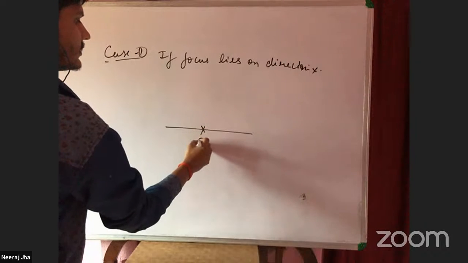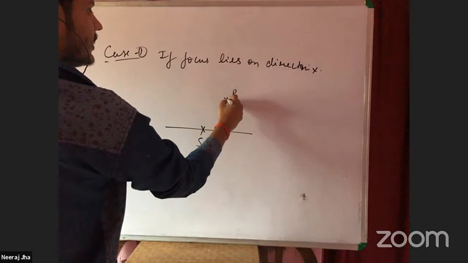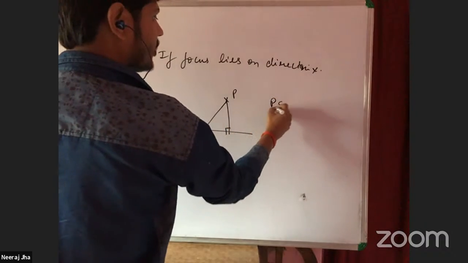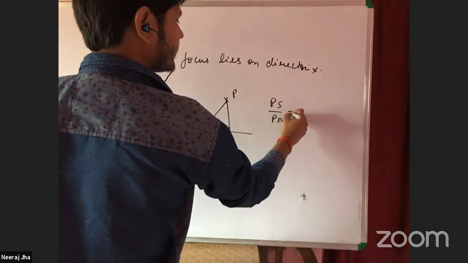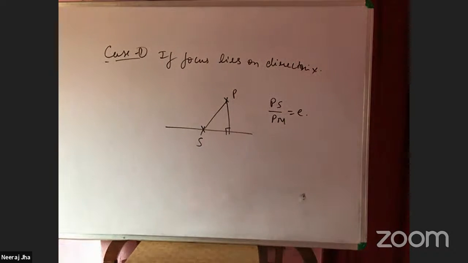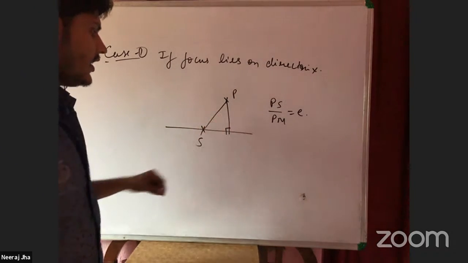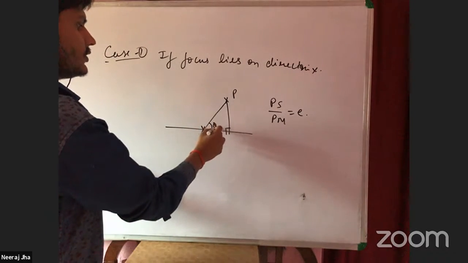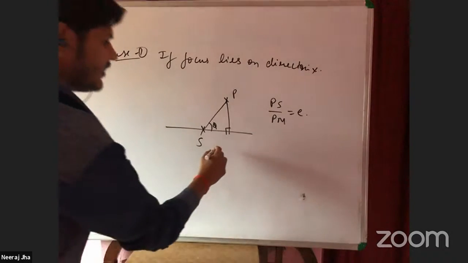This is the focus. Any point P, this PS upon PM is always constant and that is equal to e, that is eccentricity. Now please tell me, if I assume this angle to be theta, what will be cosec theta?